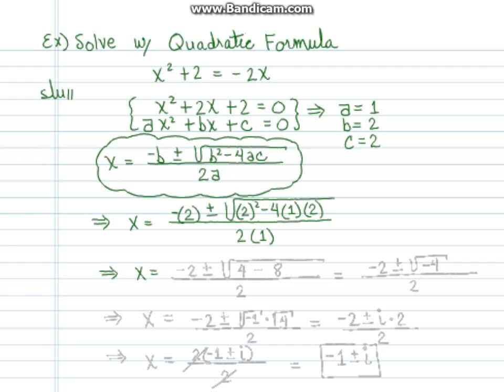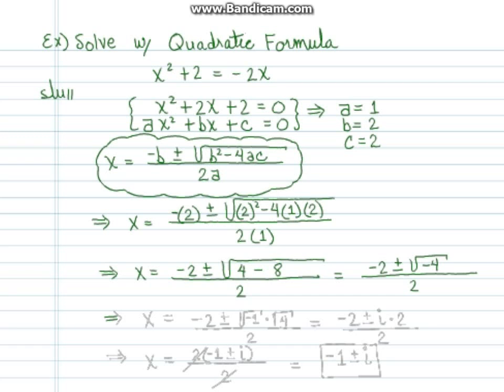x equals negative 2 plus or minus the square root of 2 squared is 4, minus 4 times 1 times 2 is 8, over 2 times 1 is 2. So that's equal to negative 2 plus or minus the square root of negative 4, over 2.